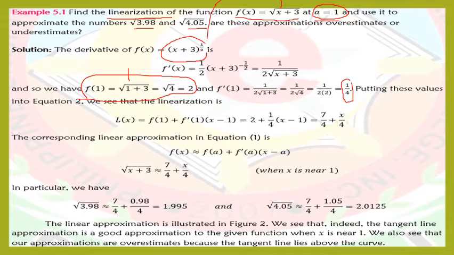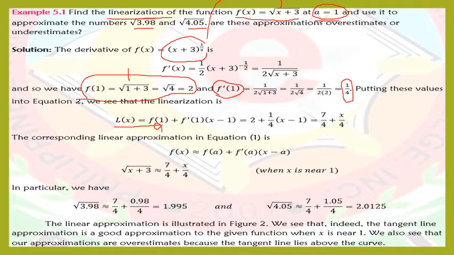So, ito yung value ni f prime of 1, magagamit natin sa formula ng linearization. So, putting these values into equation 2, yung formula ni linearization, we see that the linearization, class, is L of x equals f of 1, where 1 is yung a natin sa formula, diba? Sa formula 2 sa previous slide.